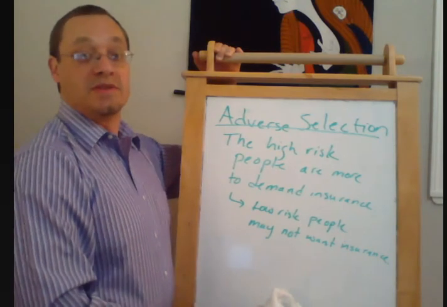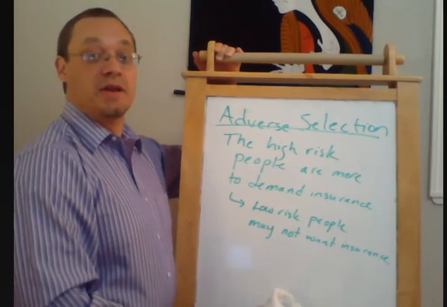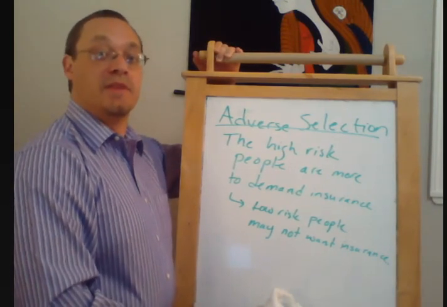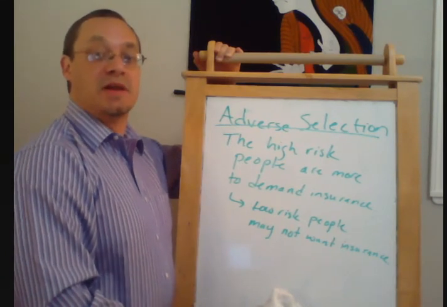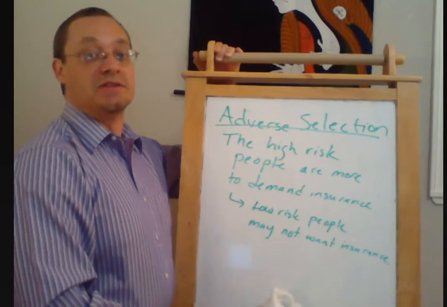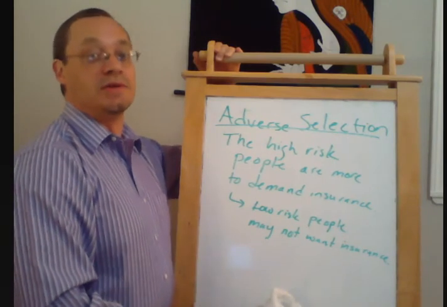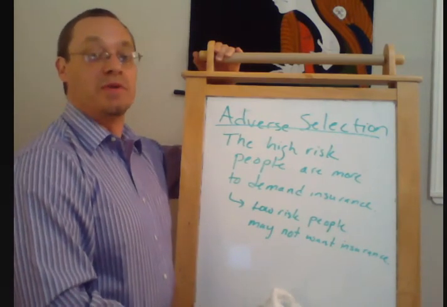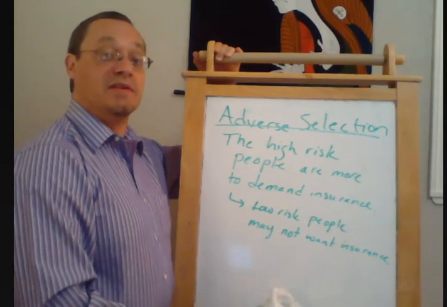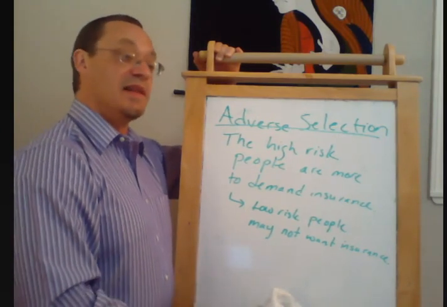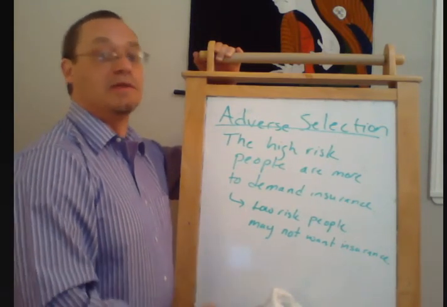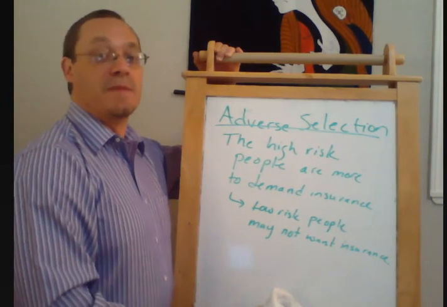Then if the low-risk people don't buy the insurance, the average risk level of the people who actually show up to buy insurance ends up being higher. And that means that to just break even, the insurance company is going to have to charge a higher premium. That could possibly even trigger a slightly less low risk, sort of the second lowest risk group of people, to drop out of the market.